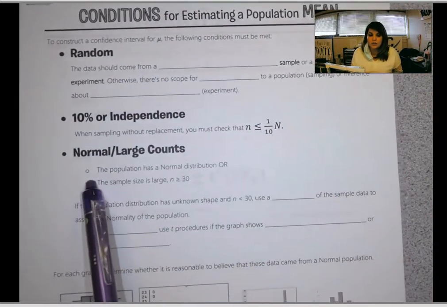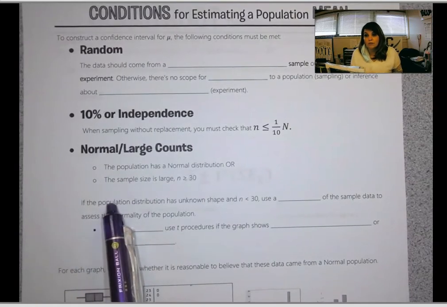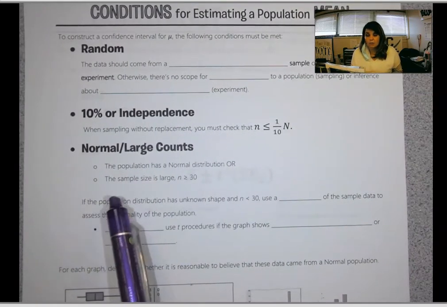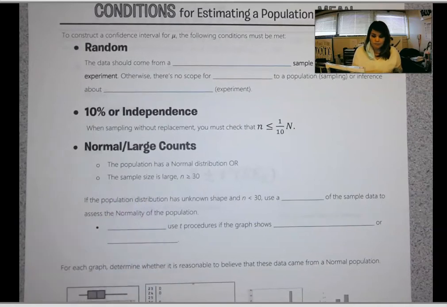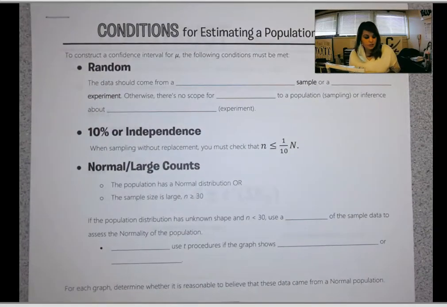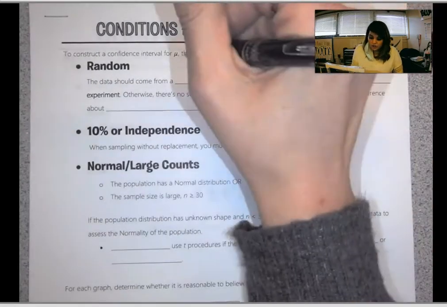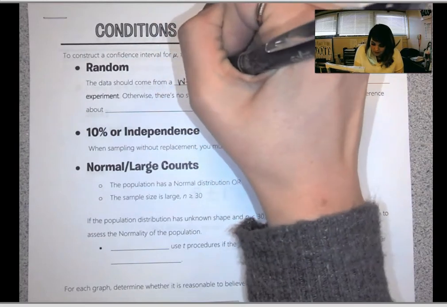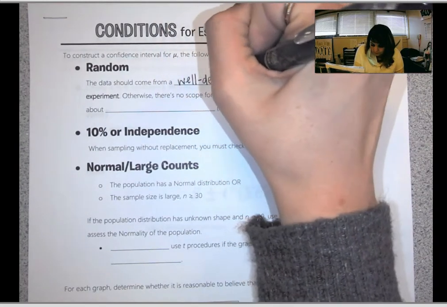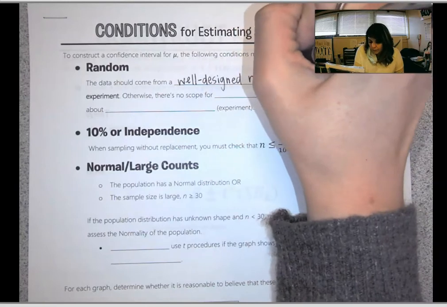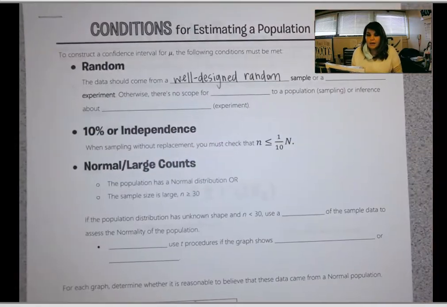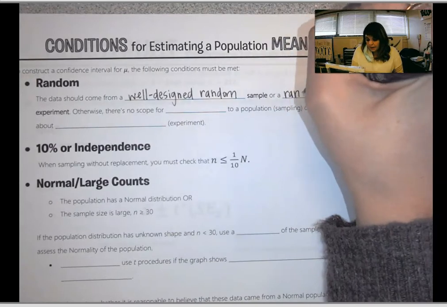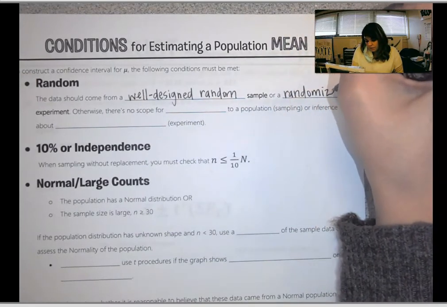The first two we're used to and we know exactly how to do them, but this third one creates a lot more work for us, and that's the bulk of what we do in the lesson today. For our random condition, these are the same blanks that we used for the confidence intervals for a proportion. The data should come from a well-designed random sample or a randomized experiment.